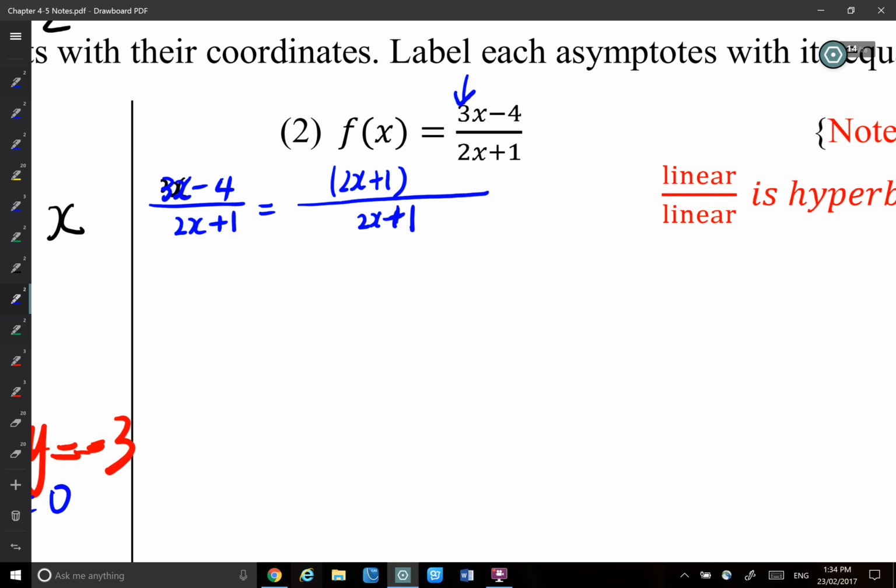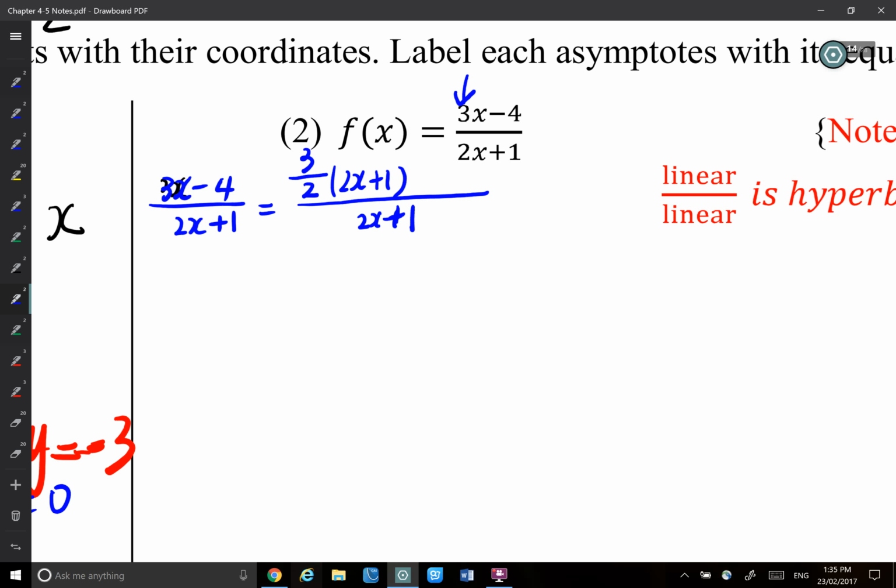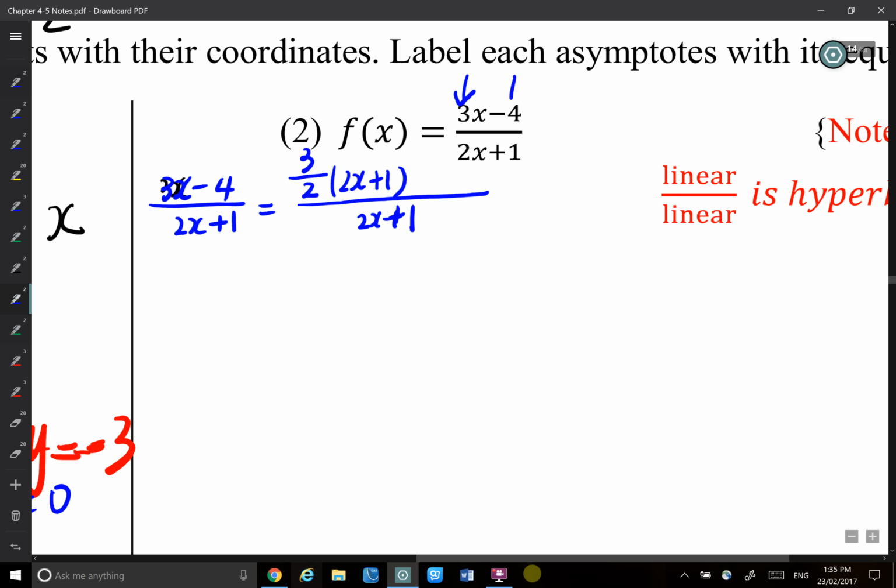So I will make the same number of x: I will divide by 2 and times 3. Now that becomes 3x. Next I'm looking for the constant value. I need a minus 4, but at the moment I have a plus 3 over 2, because if you open the bracket, you have a plus 3 over 2. So you subtract the 3 over 2 and then put the constant back.